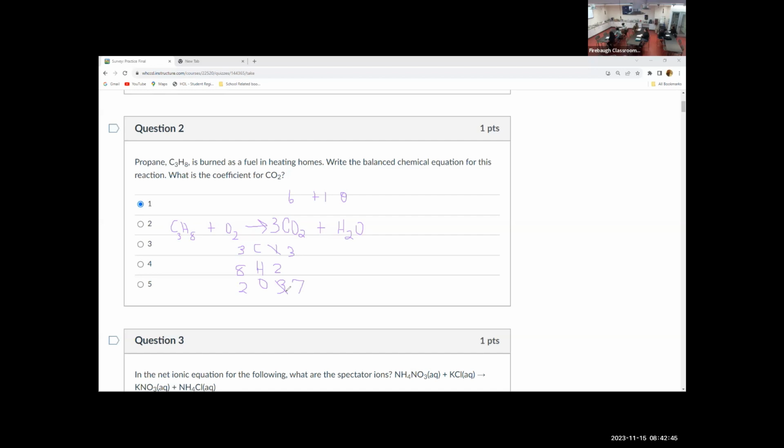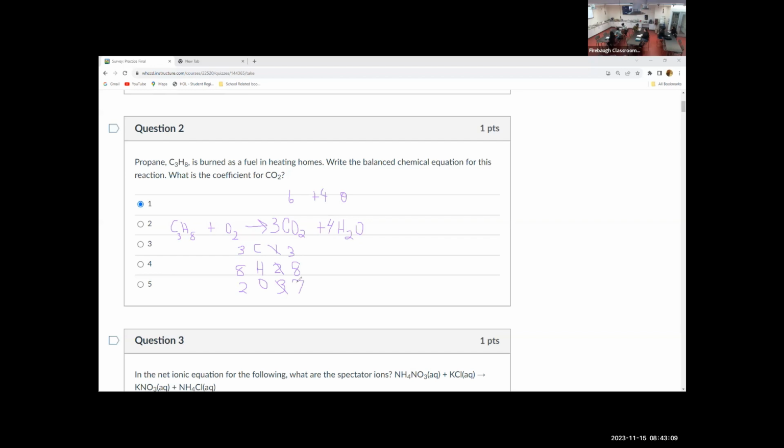Okay, what's next? 4 in front of H2O. So 4 in front of the H2O. Okay, so 4 times 2, that gives me how many hydrogens? And then how many oxygens do I have now? So now I have 4. 10.